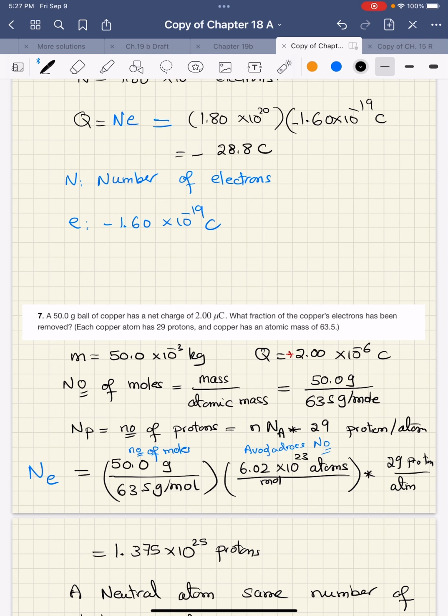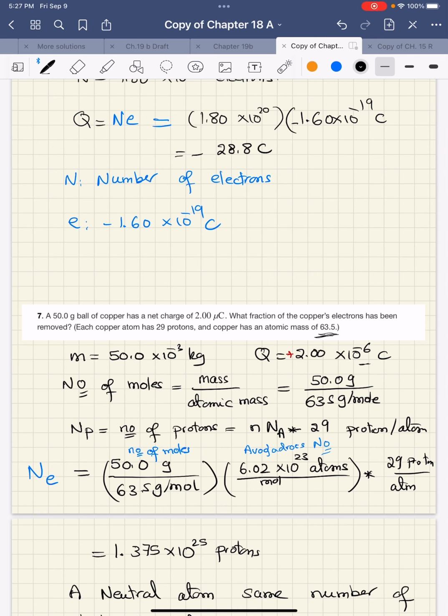And the charge is plus 2, and again have it in coulombs, 10 to the negative 6. We need to find first the number of moles. The number of moles equals the mass divided by the atomic mass of copper, which was provided as 63.5. Then here we were able to calculate the number of moles.